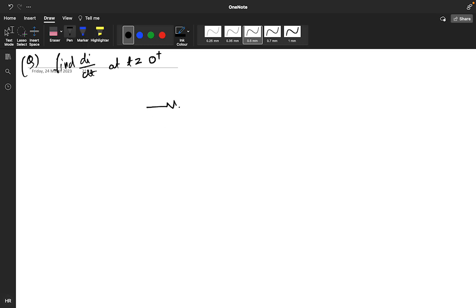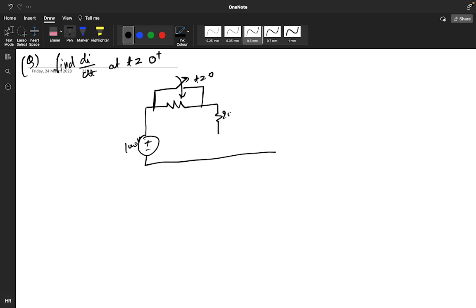So this is your network. It's getting off at t equals 0. This positive negative is 100 volt, and this is 20 ohm.